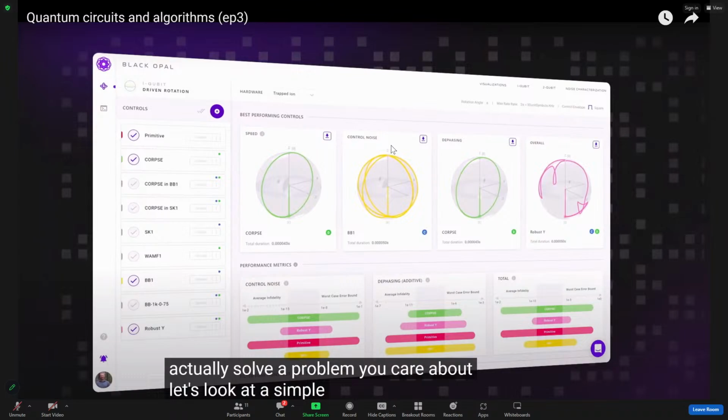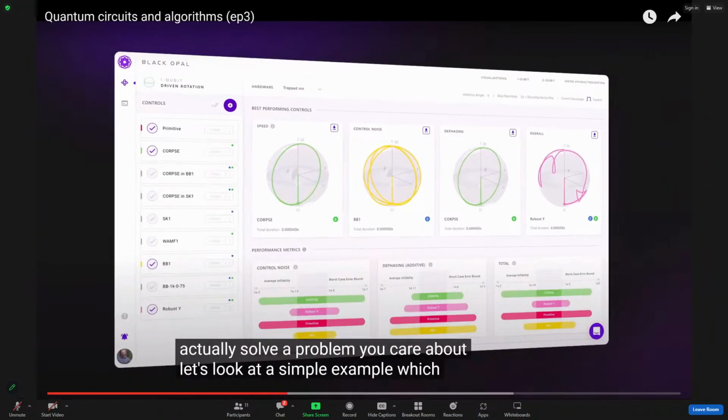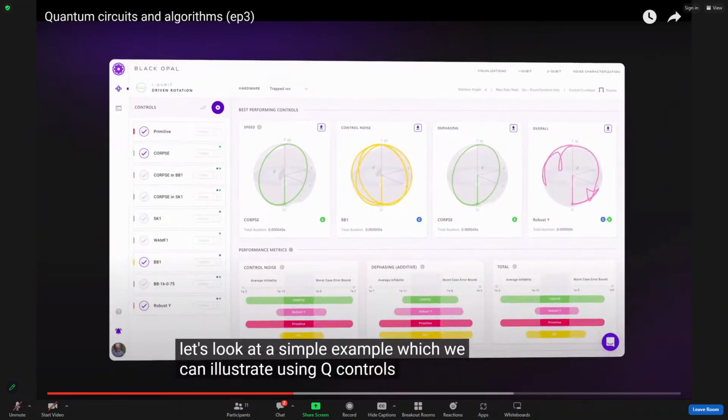Okay, no worries. Example, which we can illustrate using Qt tools.